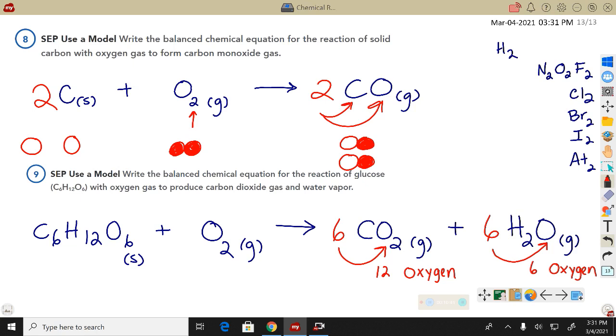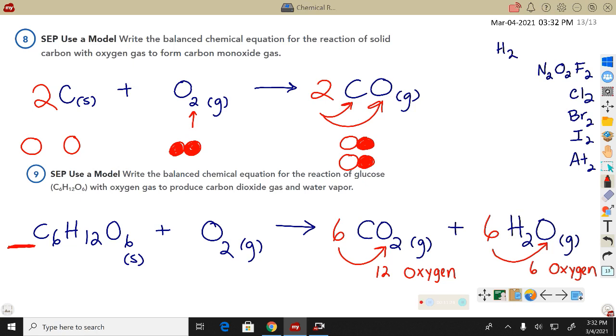How are we going to do this? We've got oxygen in 2 spots on the reactant side. So it might seem as though there would be different ways to get 18 oxygen. It might kind of seem that way, but I really don't want to put in a coefficient here. I get that I could, but if I put a coefficient in front of that big glucose molecule, not only will it maybe fix my oxygen, but it would also change my carbon and hydrogen.